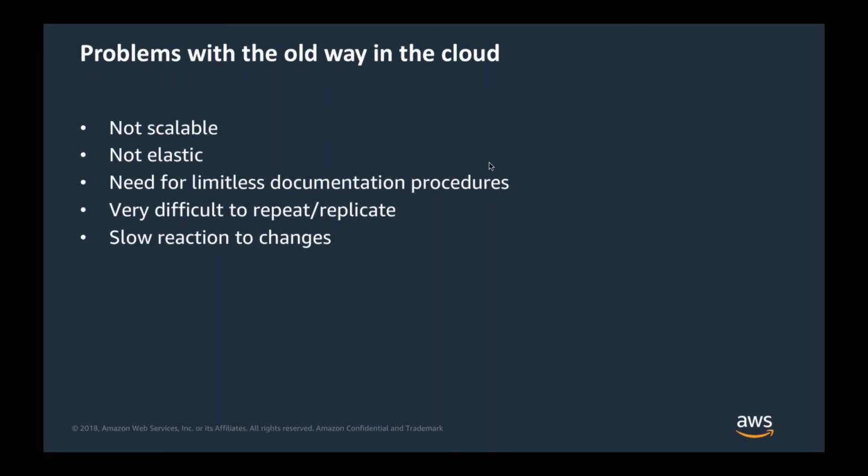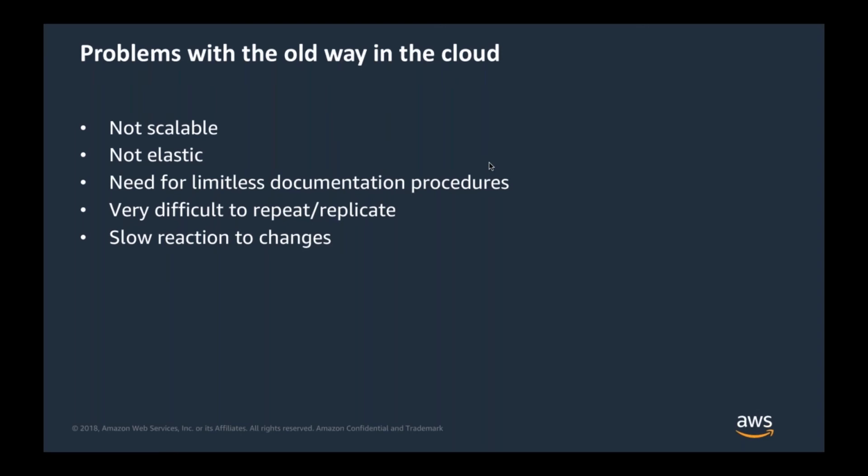So if we have to scale along with load or with the increase in traffic of our web application, that means we have to get Bob to click a bunch of times, get us new EC2 instances, go into those EC2 instances and actually perform the configuration of it. So that's not ideal. And again, it's not elastic. It's not very flexible. It requires Bob, and Bob is not flexible.